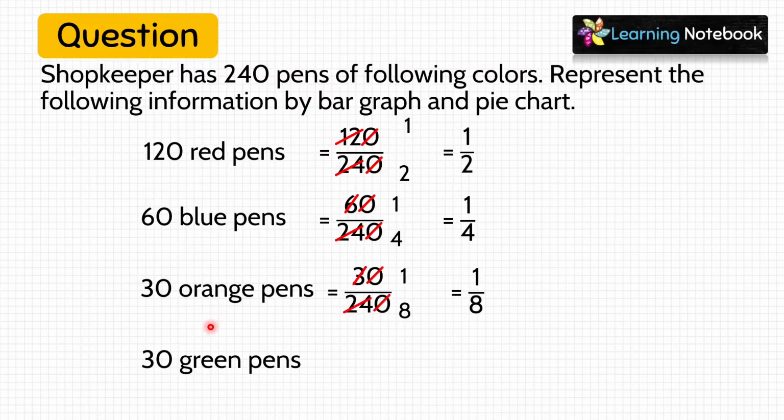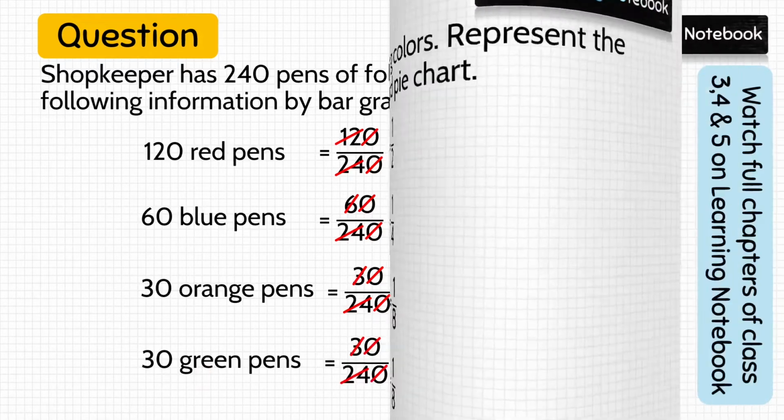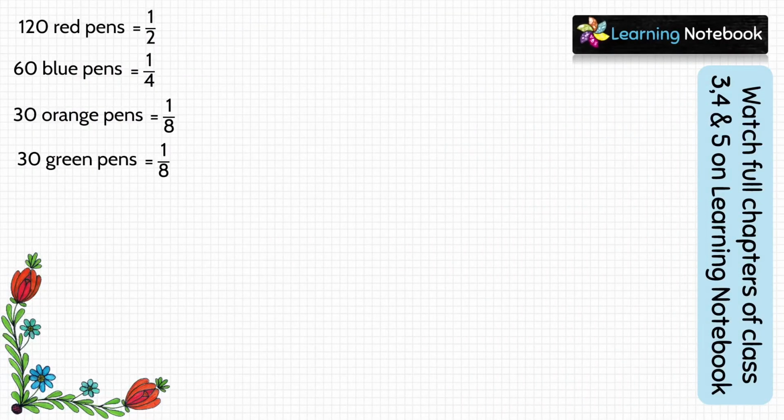And similarly, fraction for green pens would be 1 by 8 only. Now students, we know fraction of each type of pens. And earlier we cut out fractions of each type from the different colored circles. So let's use those cut out fractions to make a pie chart.